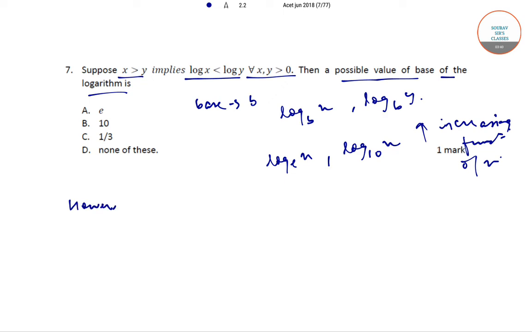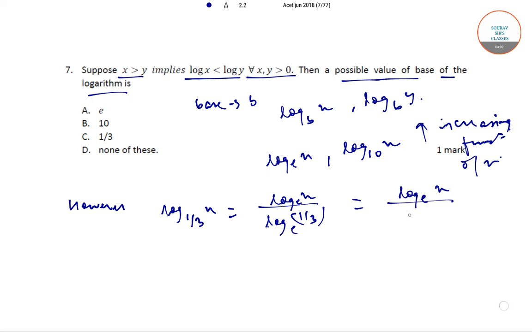However, log 1 by 3x is equal to log x to the base e by log 1 by 3 to the base e, which can be further written as log x to the base e and log 3 inverse to the base e, or log x to the base e by log 3 to the base e with a minus sign in front, since this minus 1 comes over here.